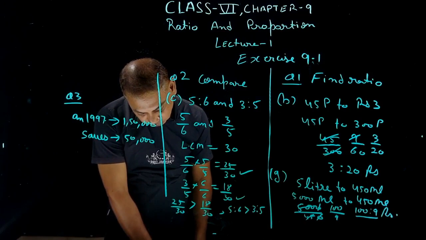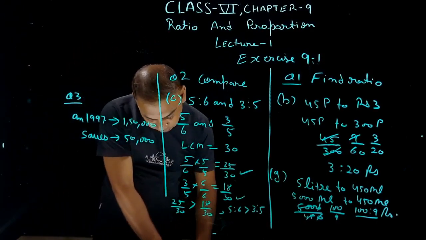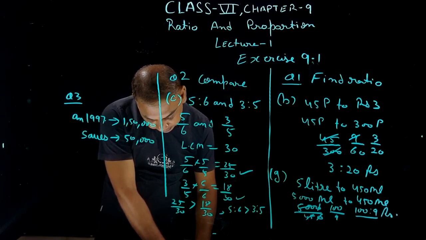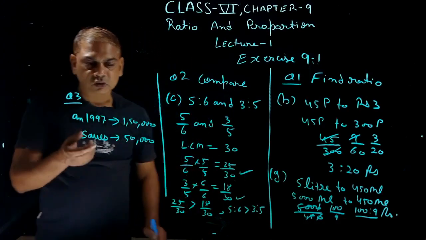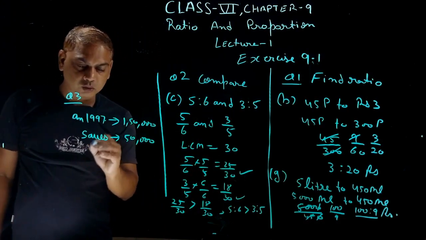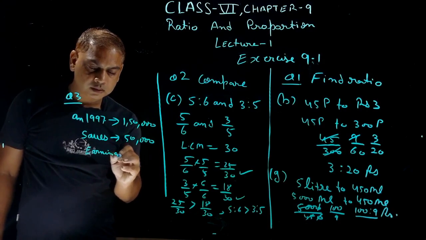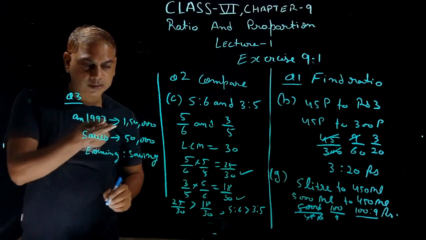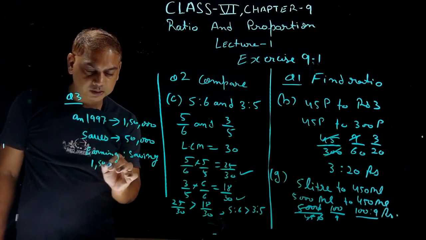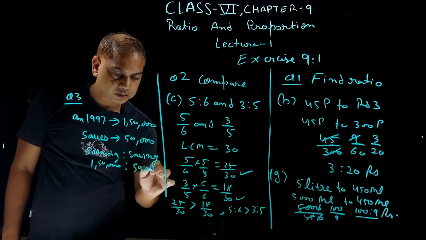Now the first part of the question is: find the ratio of the money she earned to the money she saves, right? We have to find out the ratio between earning and saving. Earning is how much? 1,50,000 is to saving, how much? 50,000.